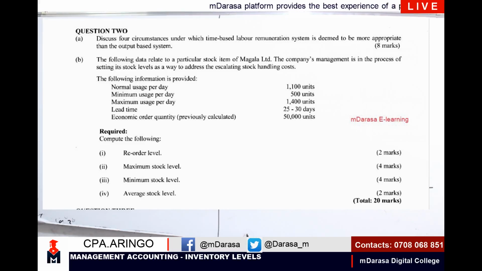The data given includes the normal usage per day, the minimum usage per day, and the maximum usage per day. I'm also given the lead time of 25 to 30 days. Then we have the economic order quantity, previously calculated, of 50,000 units.